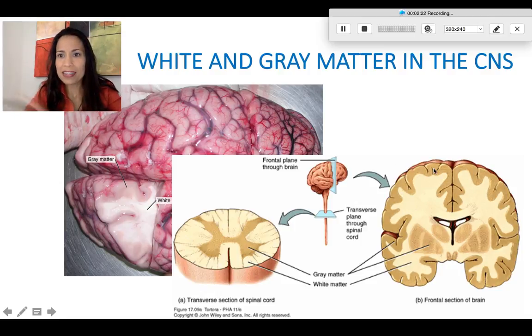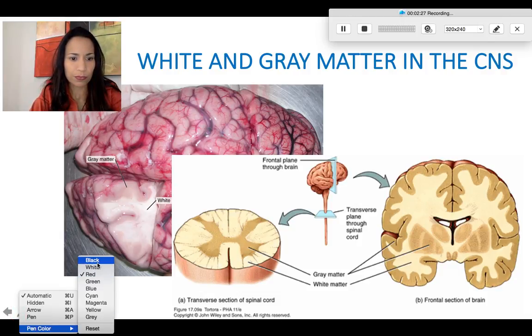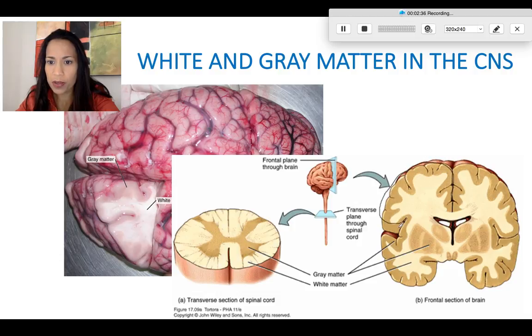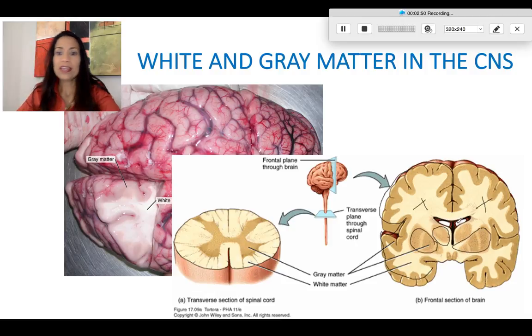See that the gray matter is located on the surface of the brain. Deeper to that, we have white matter. And then within the white matter, we have some islands, again, of gray matter. So this is the disposition of gray matter and white matter in the brain.